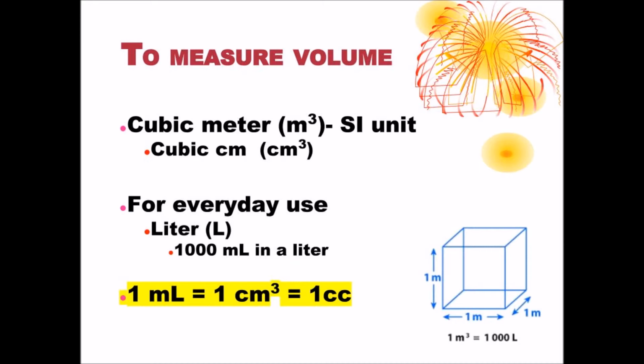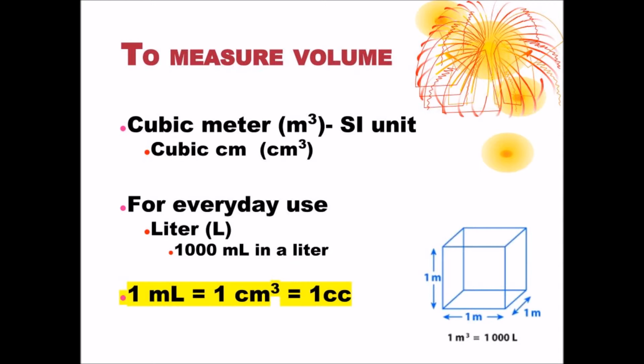The official SI unit for volume is the cubic meter, m to the third power. If you think about this, 1 cubic meter is a really big unit. Something 1 meter high, 1 meter deep, 1 meter long is rather large.